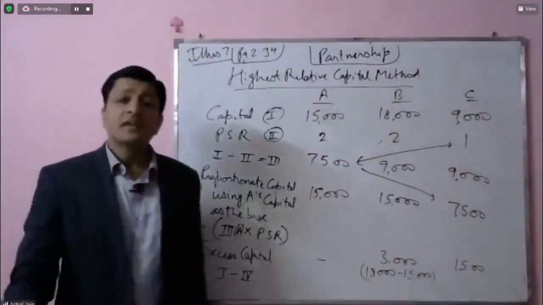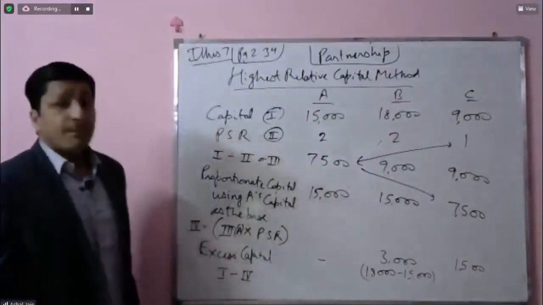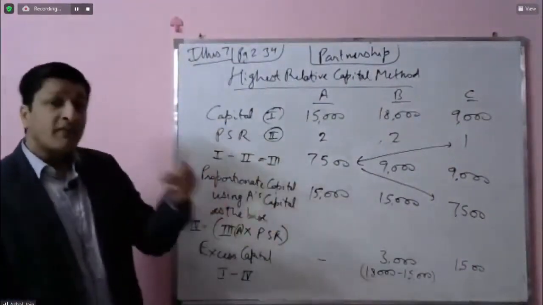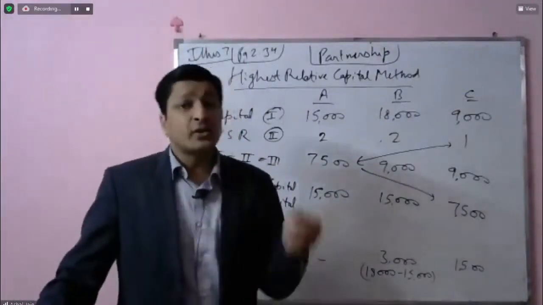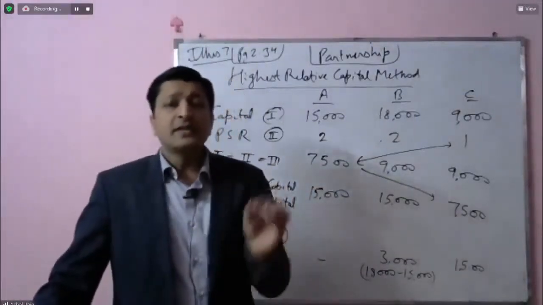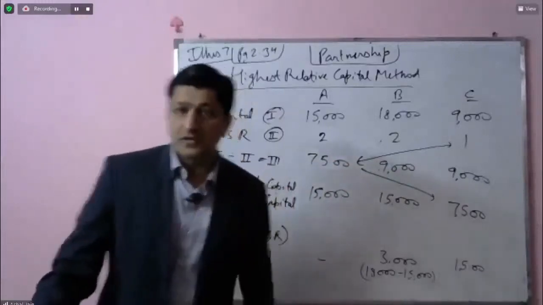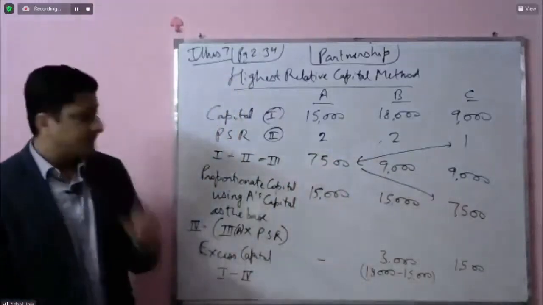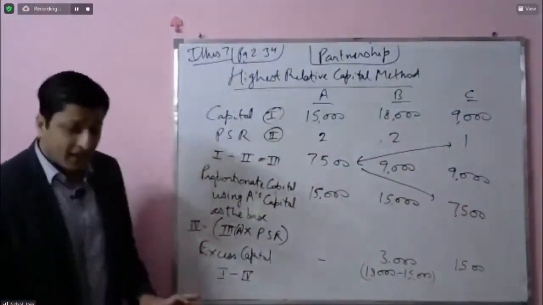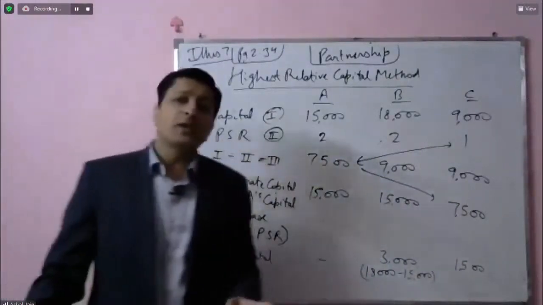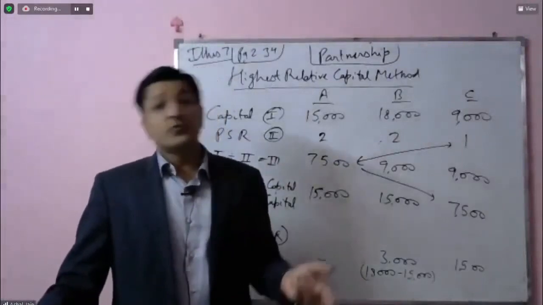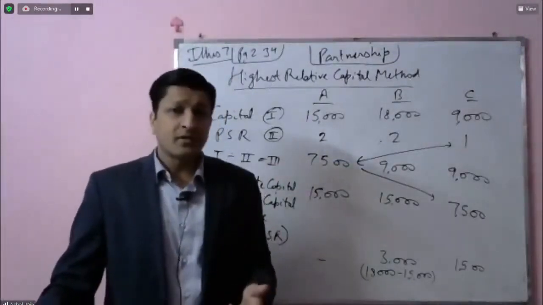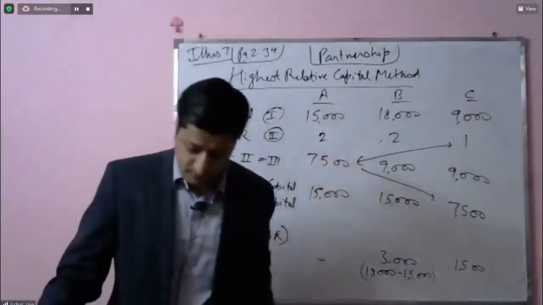So what do we see? That B and C have got excess capital if the capitals were to be kept in the profit sharing ratio of the partners. Is that correct? But if you look at A, A has not contributed capital in excess of the capital which was required to be kept in the profit sharing ratio.